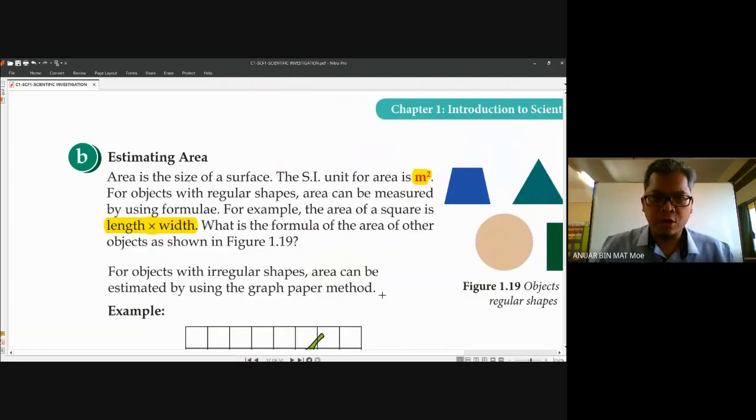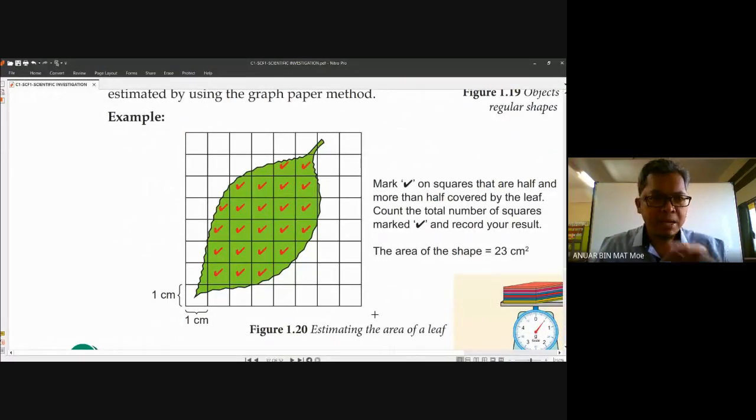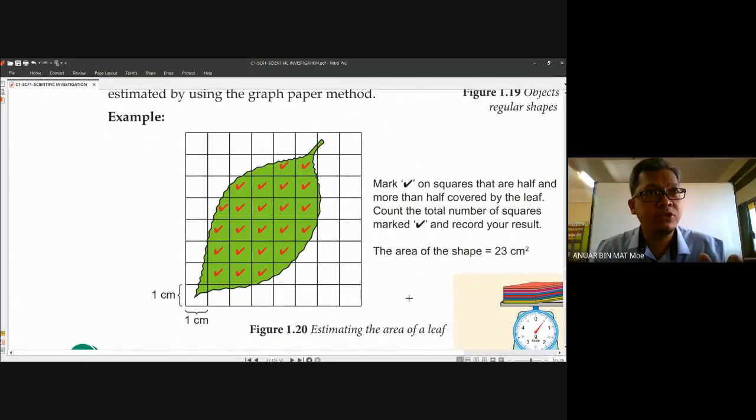Alright. How to take measurement if the object is irregular? Irregular means the size or the shape of the object is not regular. For example, the leaf here is an irregular object.